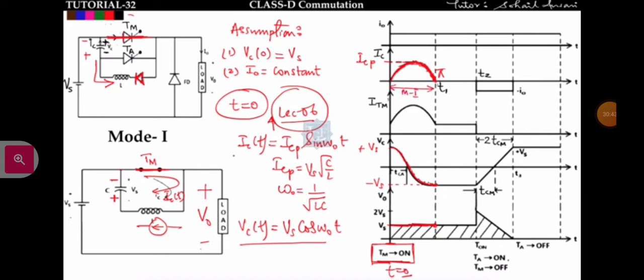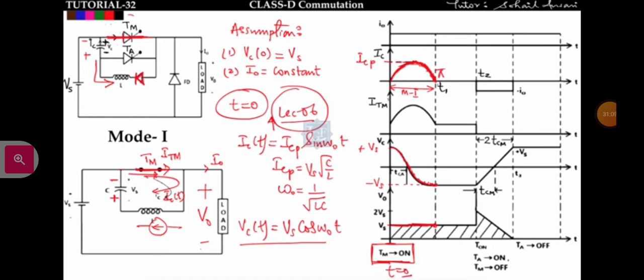Now if I ask you what is the current flowing in the main thyristor, that is ITM, the main thyristor current. The main thyristor will carry the load current as well as the capacitor current. When I trigger this main thyristor, the capacitor current will flow from left to right in the main SCR, and the load current will also flow through the main SCR only.